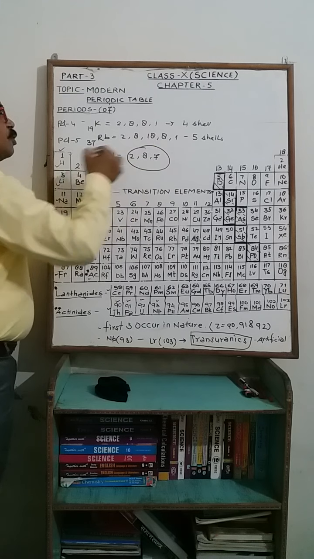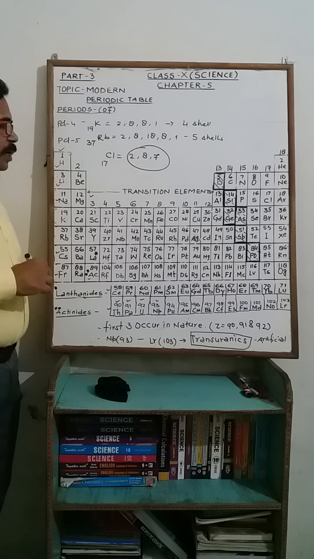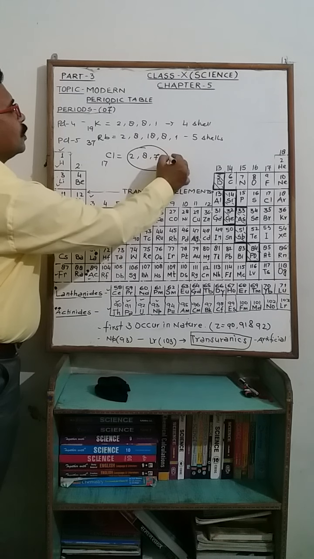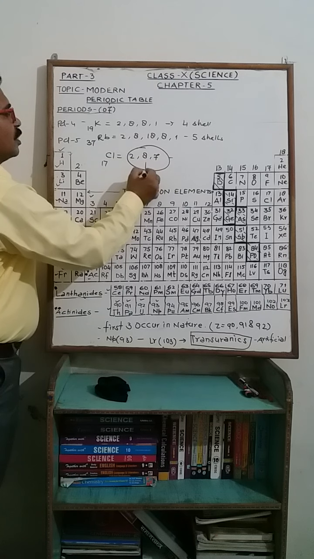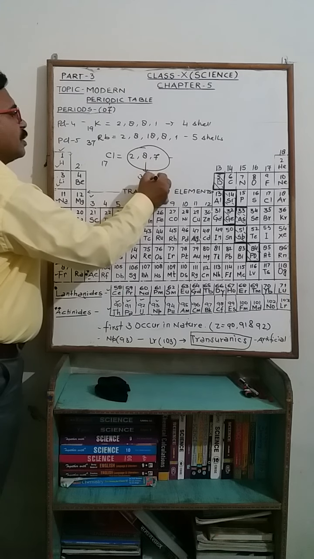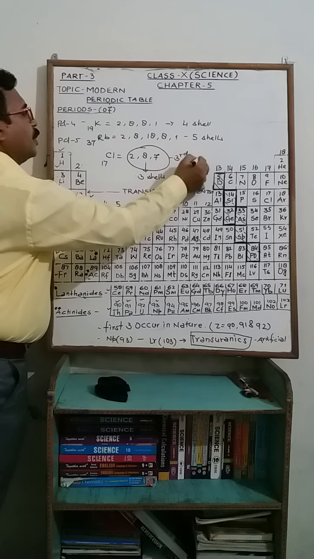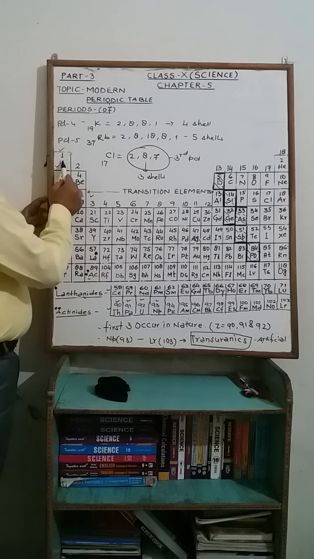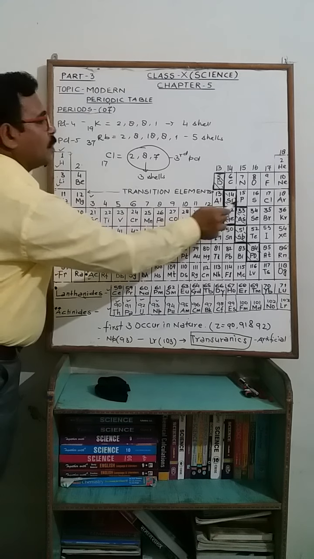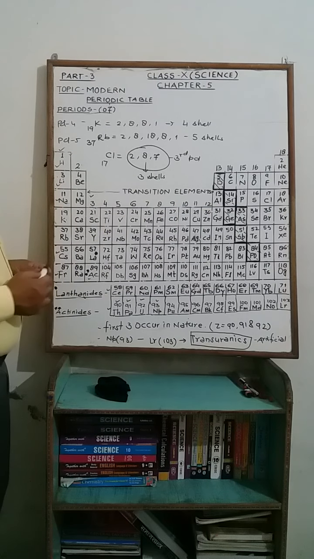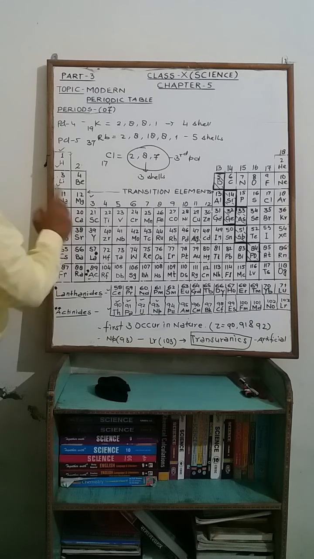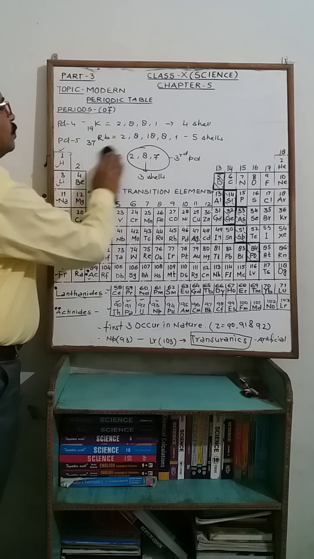So from which period this element belongs to? Because total shell are 3, total 3 shells, so it belongs to third period. Look, this is the first, second, third period. Clear?